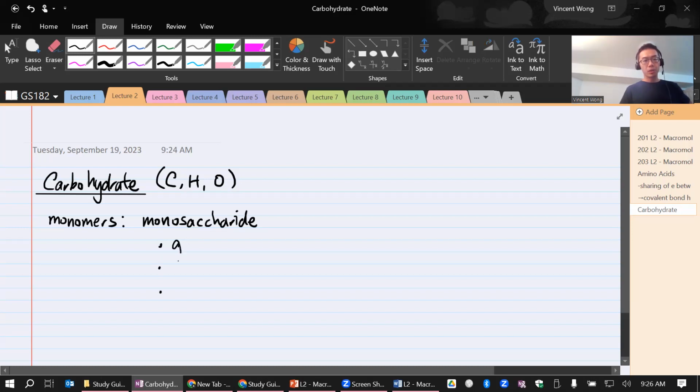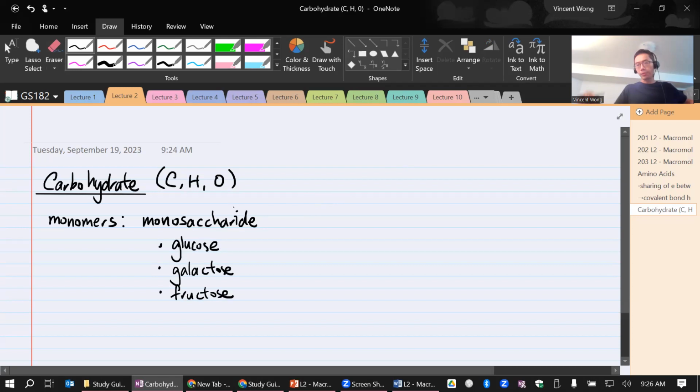We have glucose, we have galactose, and we have fructose. These are the monosaccharides, the single sugars.